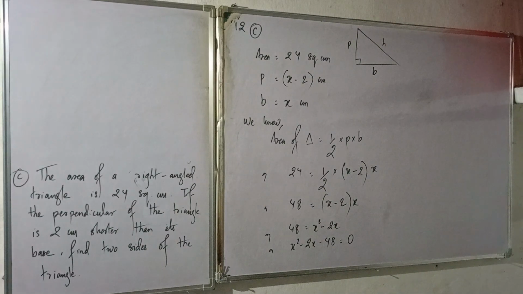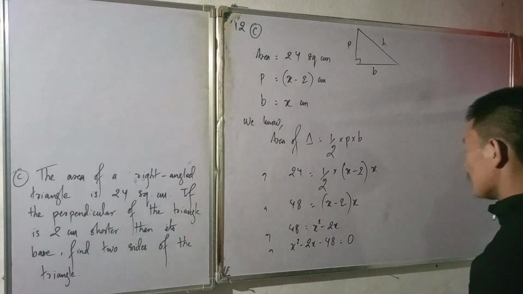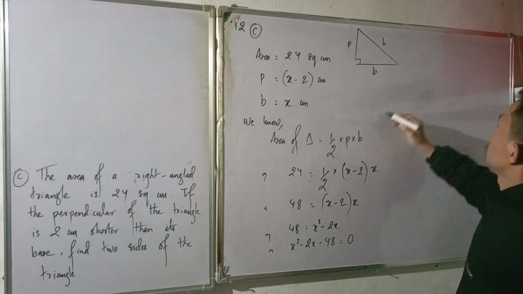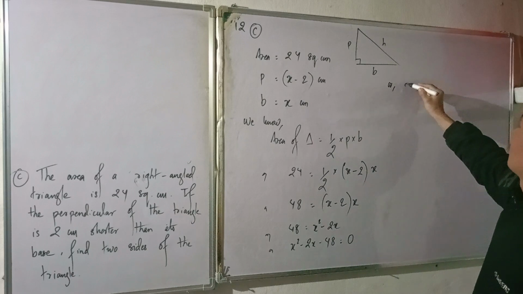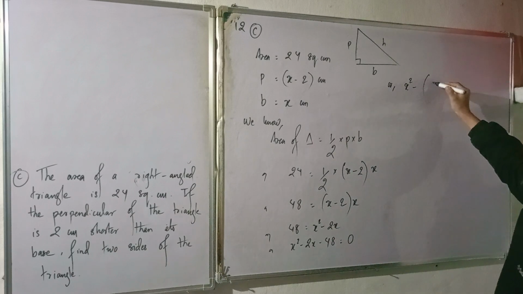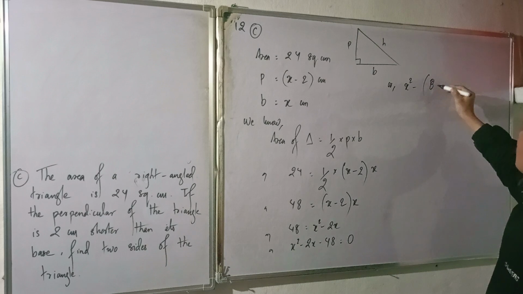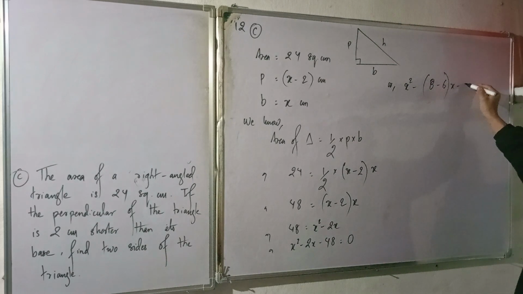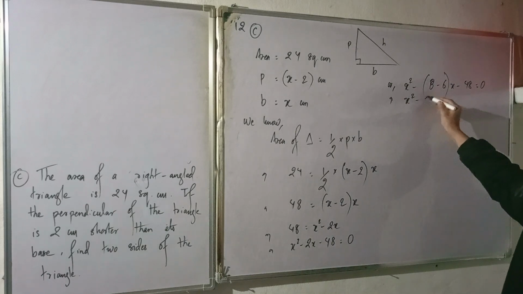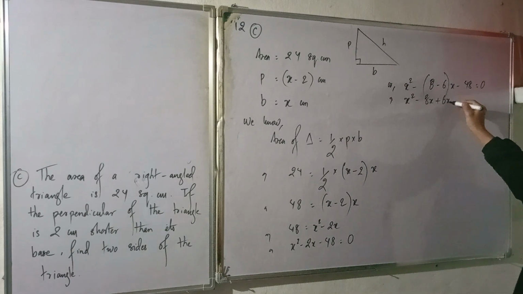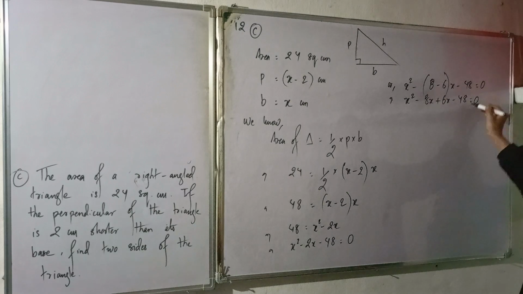Now, 6 times 8 is 48, and 8 minus 6 is 2. You can write here x square minus 8x plus 6x minus 48 equals 0.